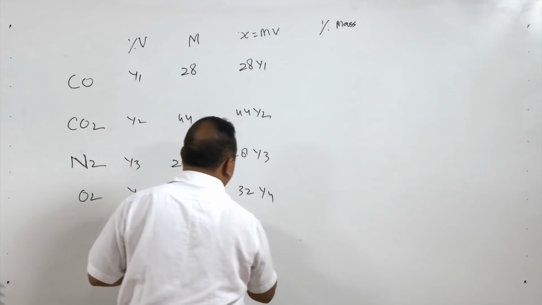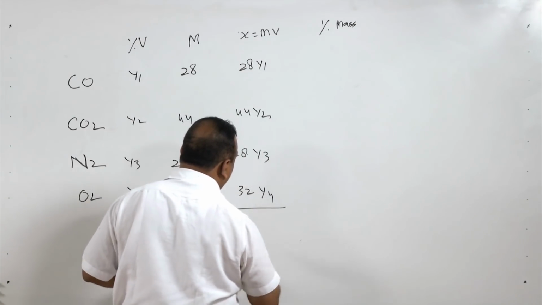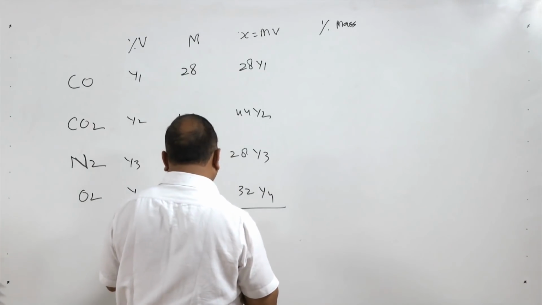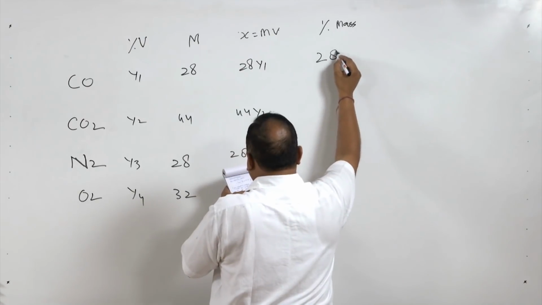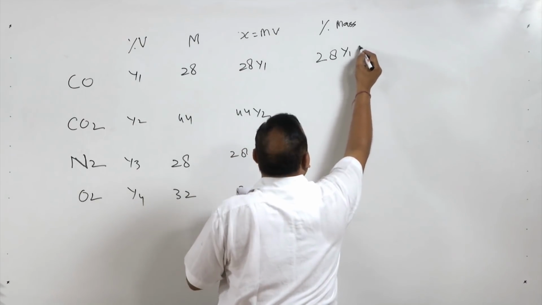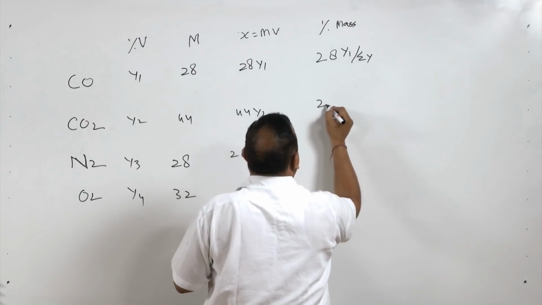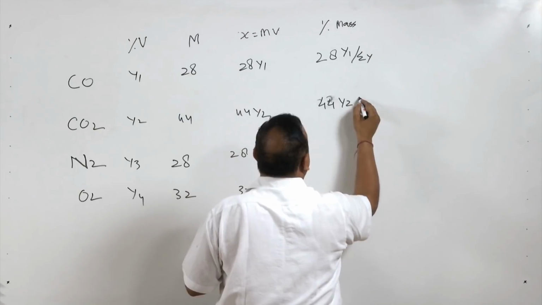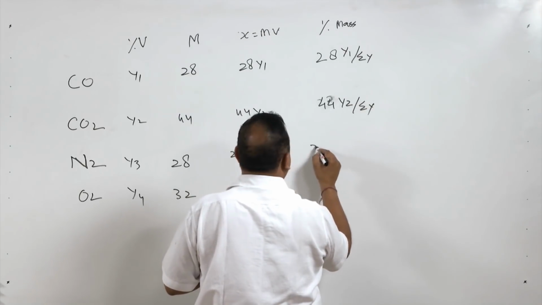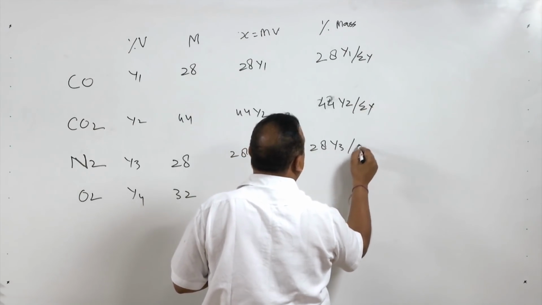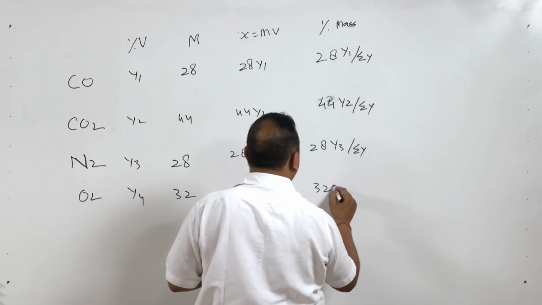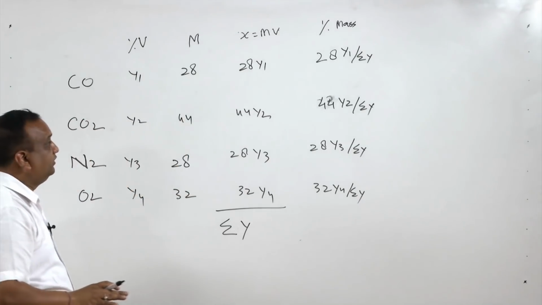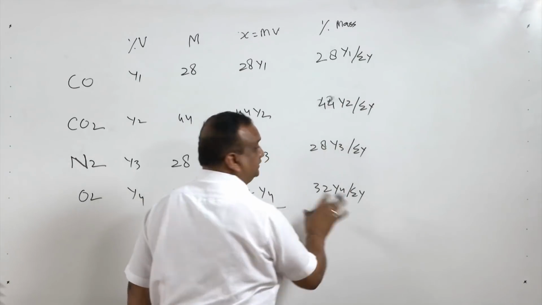we will take sigma Y, right, and 28 Y1 by sigma Y, 44 Y2 by sigma Y, 28 Y3 by sigma Y, and 32 Y4 by sigma Y. So this is percentage by mass.